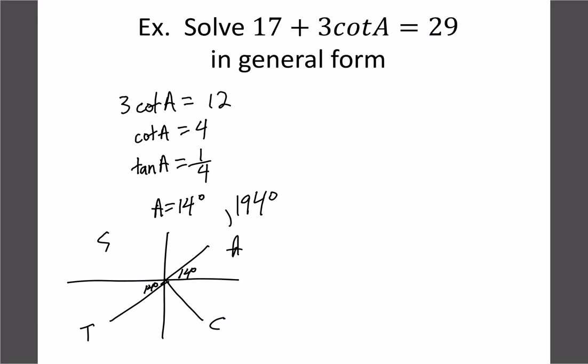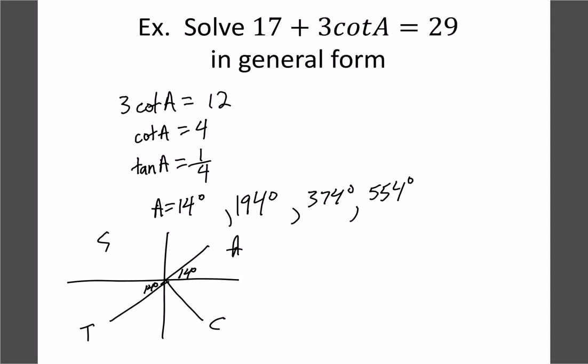Okay. So what we want to be careful of with these kind of questions is, is there any kind of pattern? So we'd have 14, we'd go to 194, then we would go back around, we'd add on 360, we would be back to 374. If we add 360 onto 194, we get 554, and we could keep on going by adding 360 each time.